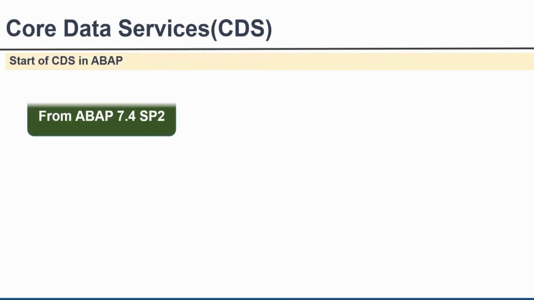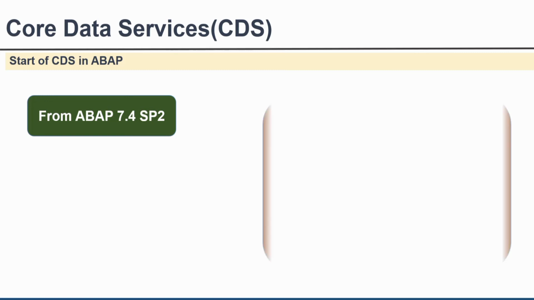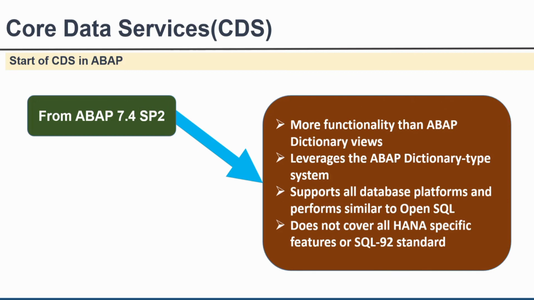Next, we have a history of the features as introduced by SAP based on different versions of SAP ABAP. As of SAP ABAP 7.4 SP2, we had the functionality other than the regular ABAP dictionary views. It leverages the ABAP dictionary type system, supports all database platforms, and performs a similar function to SQL.